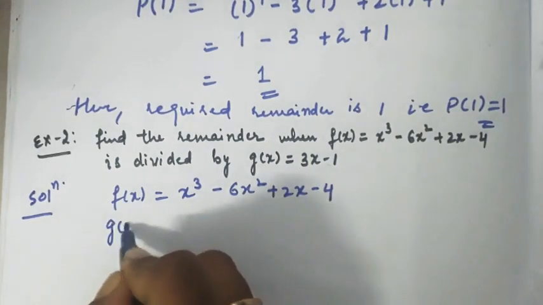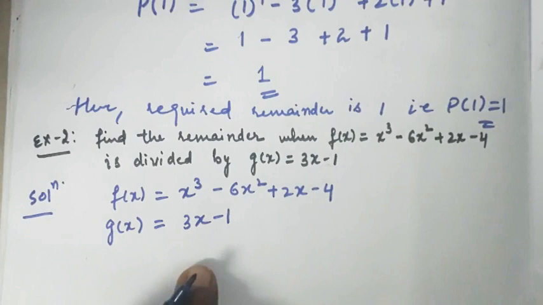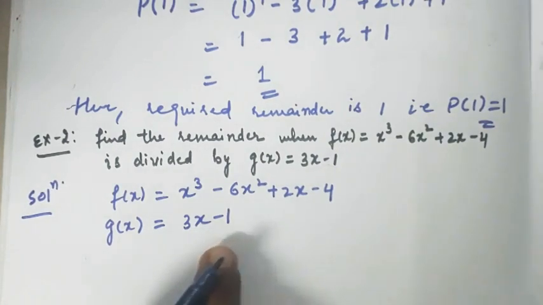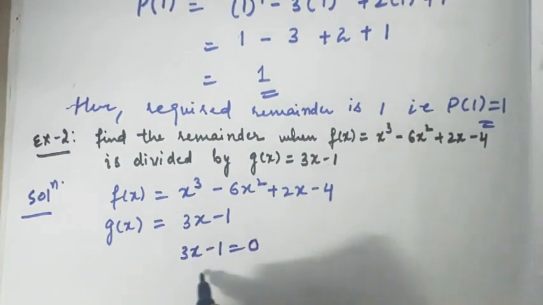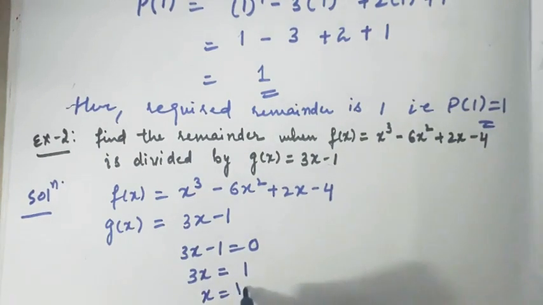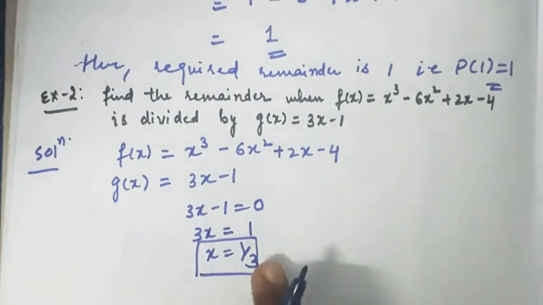The g(x) is already given, 3x minus 1. Next step is you need to equate this equal to 0 to get the value of x, right? So here I get the value of x equals 1 by 3, as you all know how to solve. This is x equals 1 by 3.